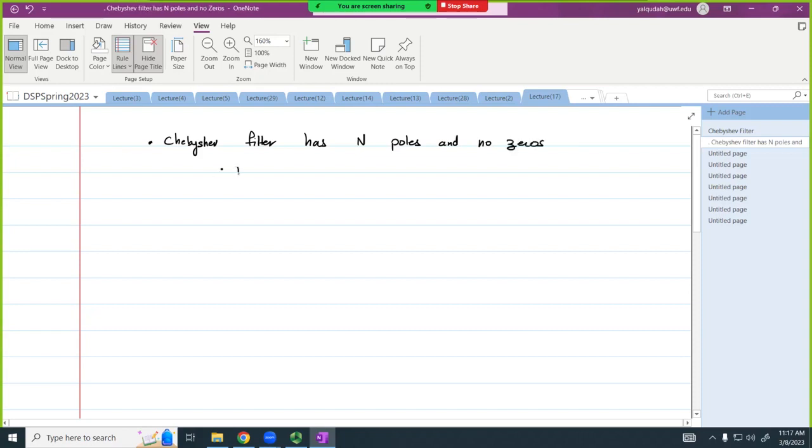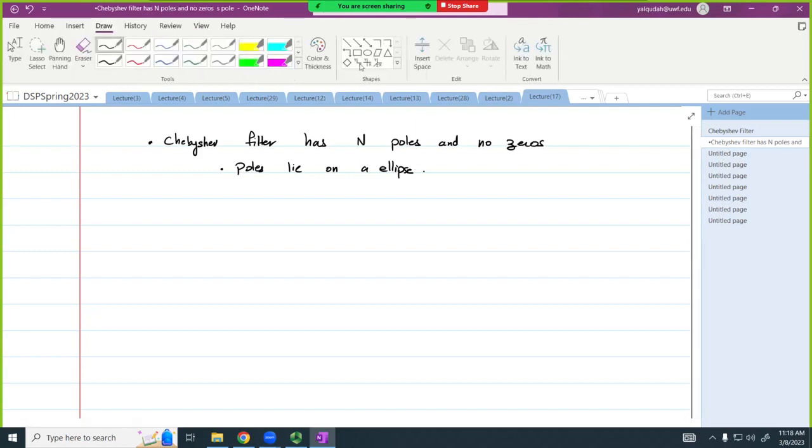And the poles lie on an ellipse, and therefore if I were to plot the poles of our filter, they're going to look something like this.